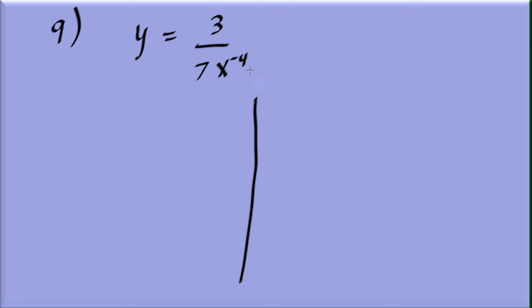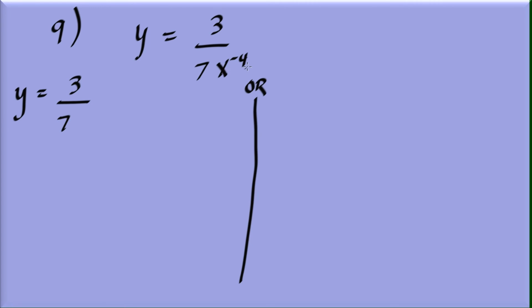Let's look at number 9. Say y is 3 over 7x to the negative 4. Okay, so I'll show you two ways to do this one. So this is like an or. So one way I can rename that by moving this x to the negative 4 on top.